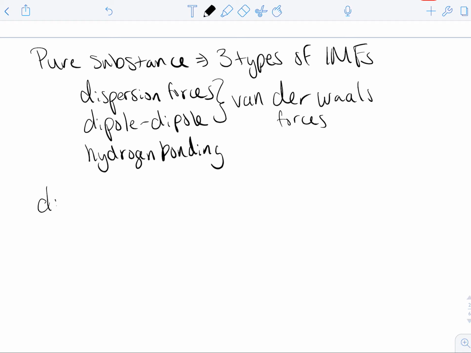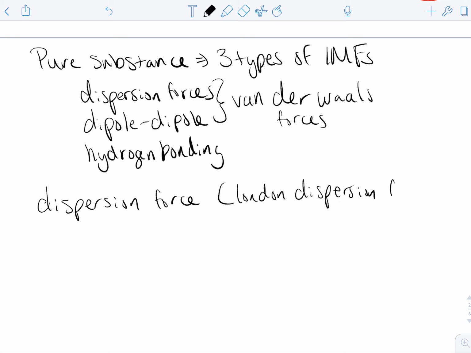Dispersion forces themselves, also called London dispersion forces, are going to be seen in every collection of atoms or molecules.